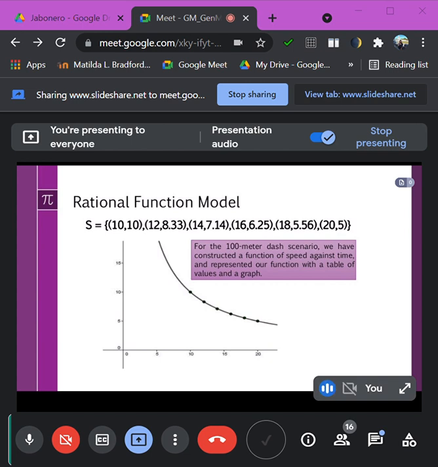Remember class, these representations will make it easier for you to compute and to assign values for your S of X or your F of X. If you don't have any questions on our rational functions, let's move on to our next discussion, which is domain and range.